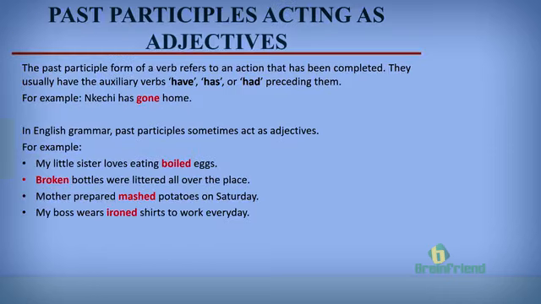Now let's look at past participles which act as adjectives. These are also components of sentences. What is a past participle? A past participle, or the past participle form of a verb, refers to an action that has been completed. They usually have the auxiliary verbs have, has, or had preceding them.